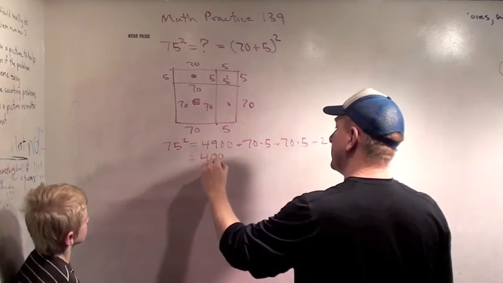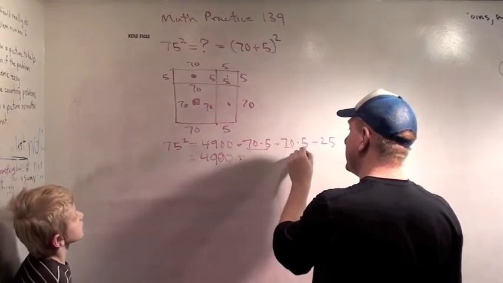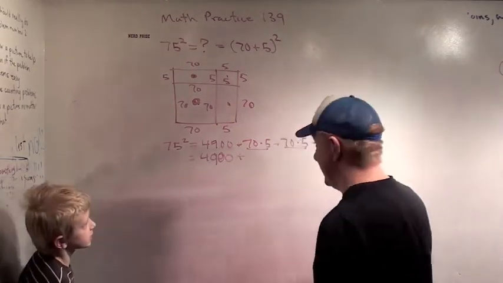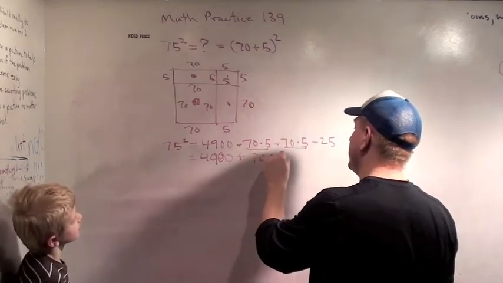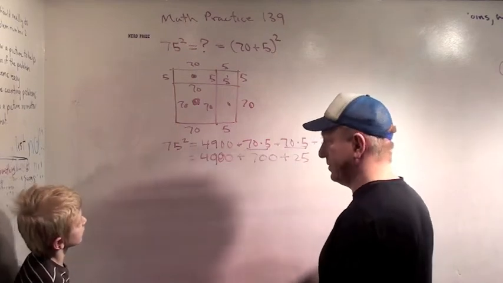So we got 4,900 plus 70 times 5, and 70 times 5 is the same as 70 times 10, which is 700. Yay! 4,900 plus 700 plus 25. Now what is 4,900 plus 700?